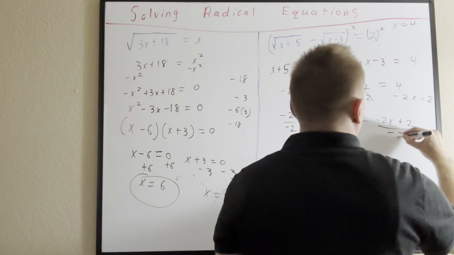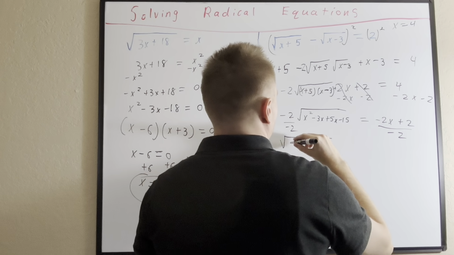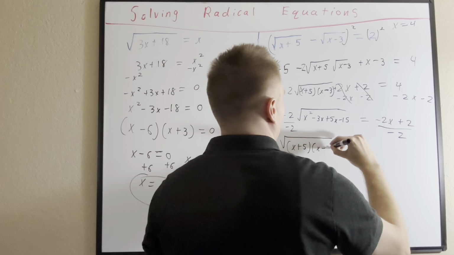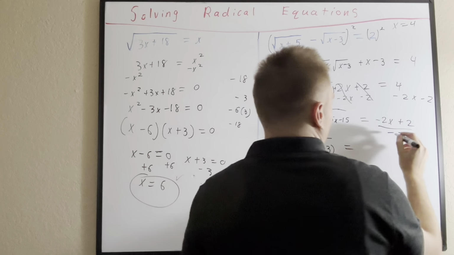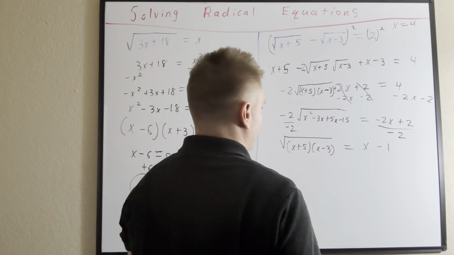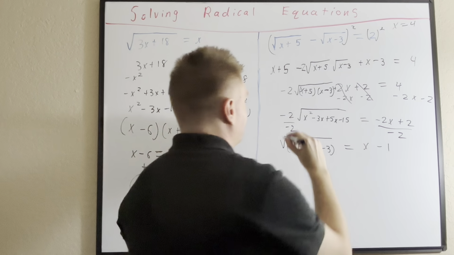Divide by negative 2. We're left with square root of... Actually, we might as well just leave it in factored form because we're going to have to factor it out anyways to solve the equation, right? So we're left with x minus 1 over there. Guess what? We're going to square both sides again.